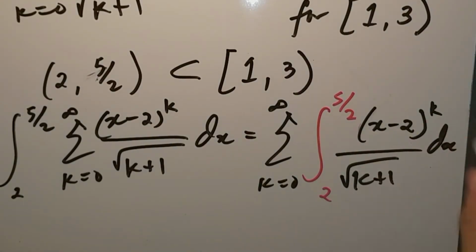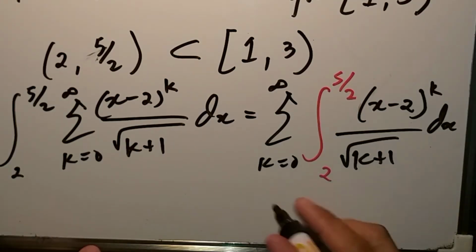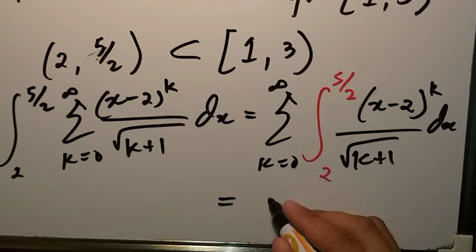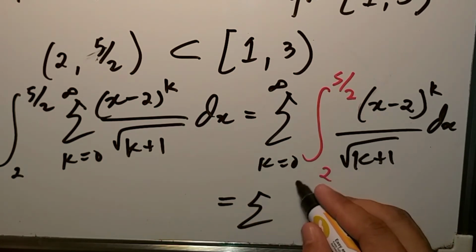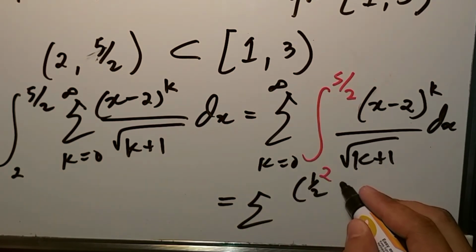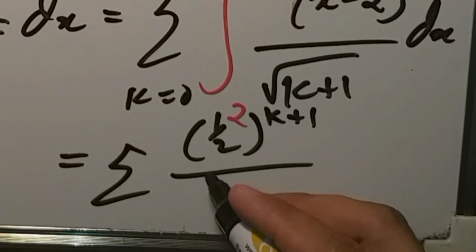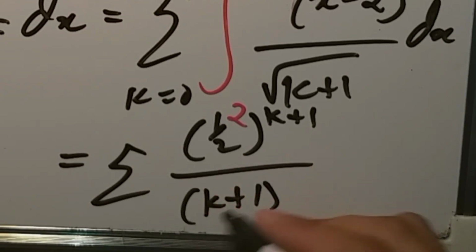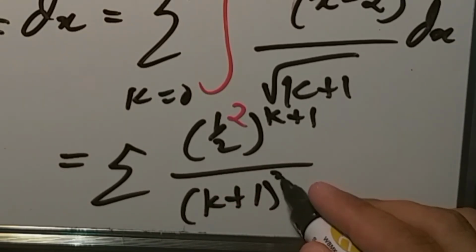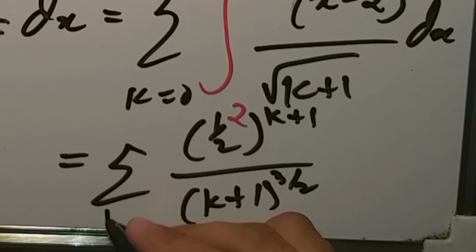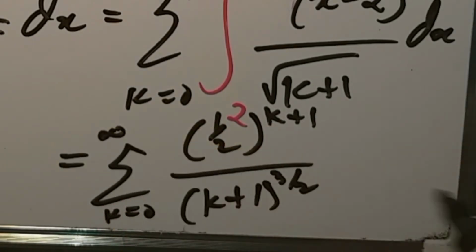Now upon solving this we will get the summation of (1 over 2) raised to k plus 1, all over k plus 1, raised to 3 over 2, where k goes from 0 up to infinity. So this is your final answer.